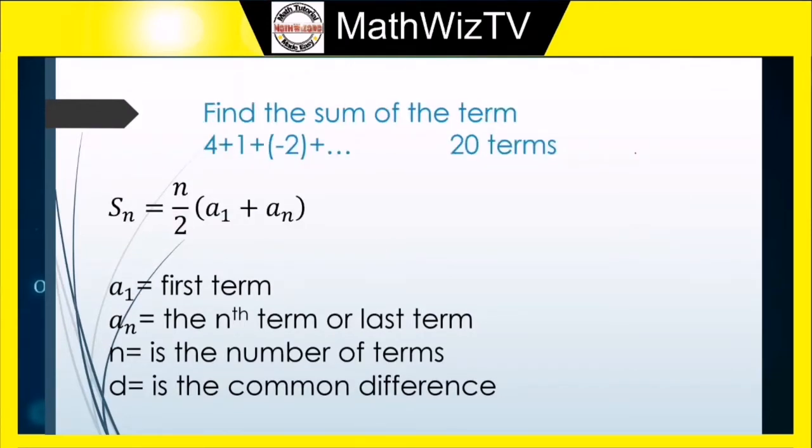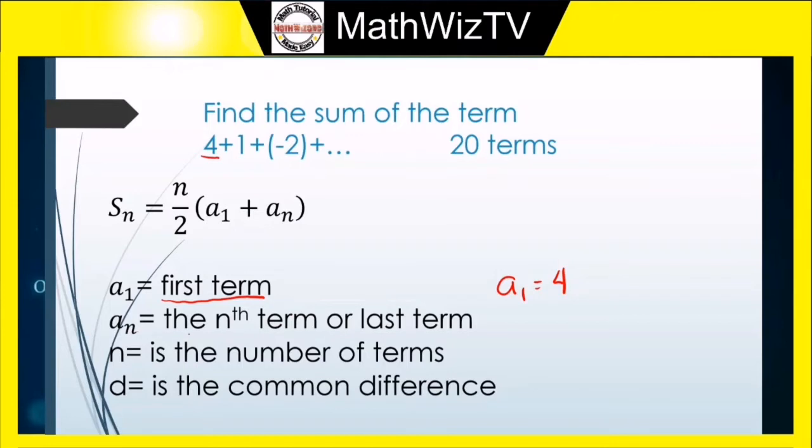Let us try to answer our problem using the first formula, which is S sub n equals n all over 2 multiplied by the quantity a sub 1 plus a sub n, wherein a sub 1 is the first term. So in here, a sub 1 is equal to 4, because we can see that a sub 1 is 4.